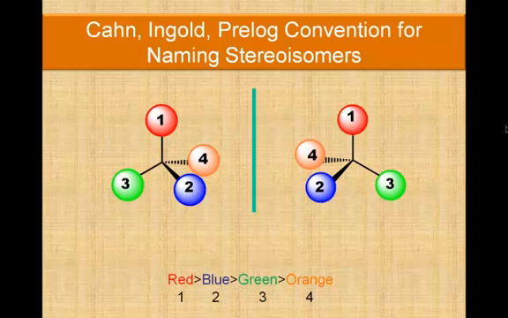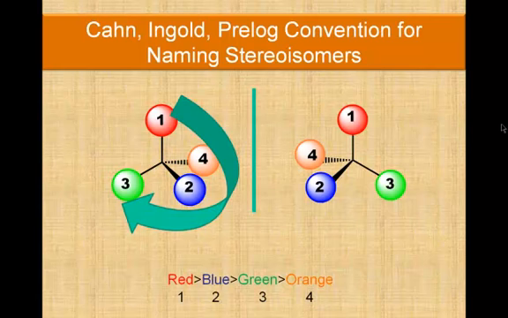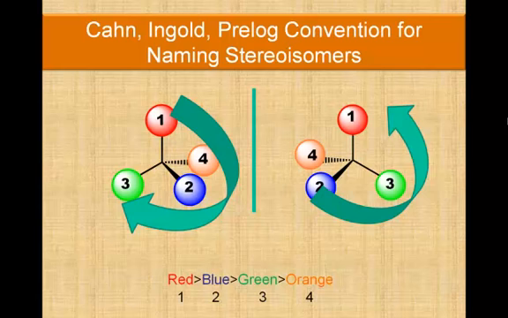So from 1 to 2 to 3. For the enantiomer on the left, that pathway goes clockwise, whereas for the enantiomer on the right, that pathway goes counterclockwise. When my path from highest to lowest priority goes clockwise, I call that the R isomer.